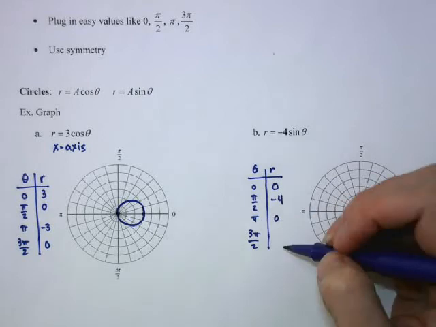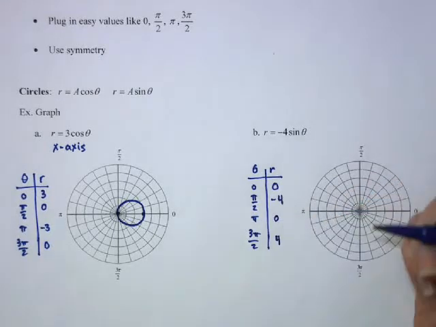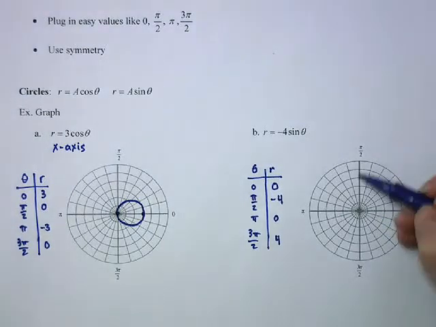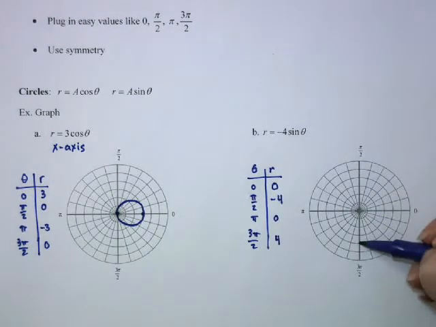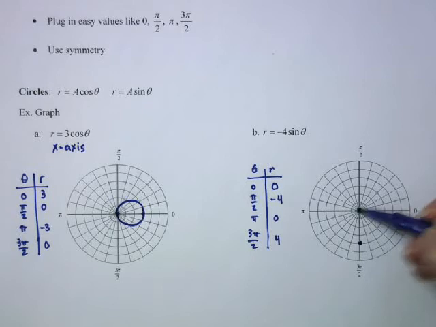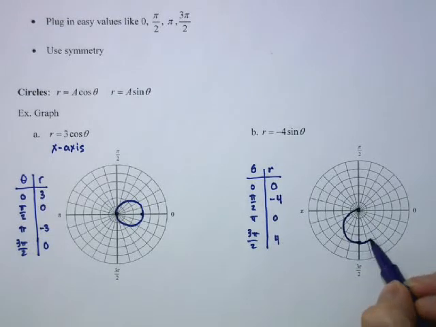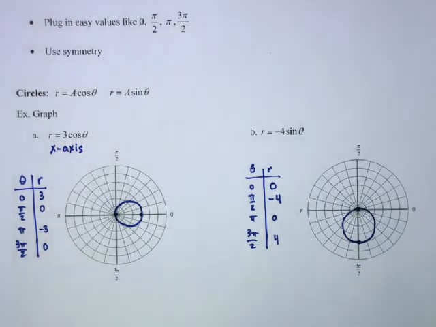Pi will be 0, and 3 pi over 2 will be a positive 4. So pi over 2 is going to be down here at negative 4. 0 is at 0, 3 pi over 2. So we get these 2 points again. Great. But we'll come in here because we know it's a circle and we know it's symmetric to the y-axis. So that's how we can graph circles without the use of a calculator.